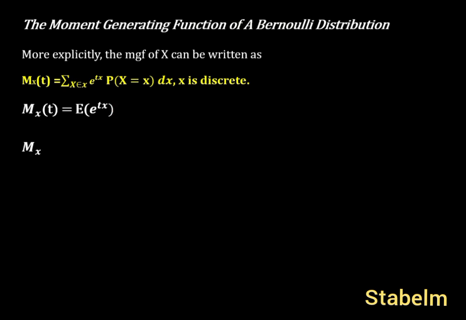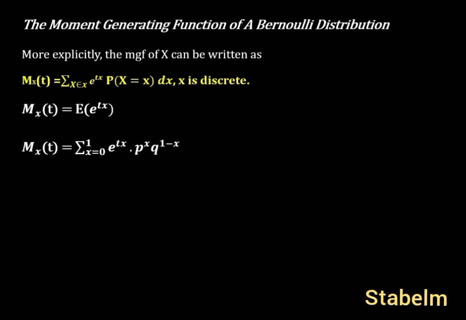Then we have M subscript X of t equals summation, x running from 0 to 1, of e raised to power tx multiplied by p raised to power x, q raised to power 1 minus x. That is, we multiply the exponential function by the distribution of the Bernoulli, and that is why we have p raised to power x, q raised to power 1 minus x.